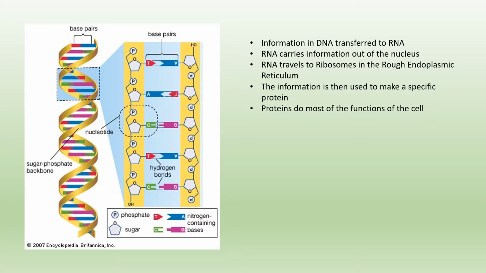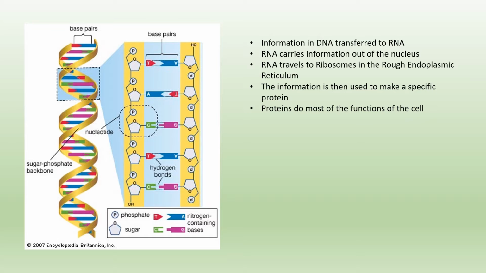The DNA stays in the cell's nucleus, so the information has to get out of the nucleus. What happens? It gets copied into a structure called RNA. I know DNA and RNA sound very similar, and they are similar.